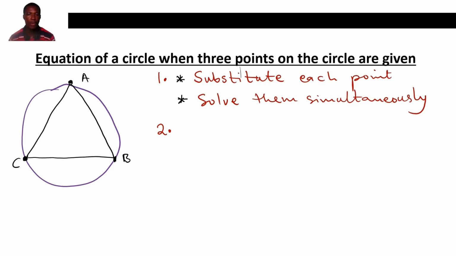a circle around the triangle to touch each of the vertices of the triangle. And what we normally do is we bisect at least two sides of the triangle. And where the two bisectors meet will be the center of the circle that we seek to draw.